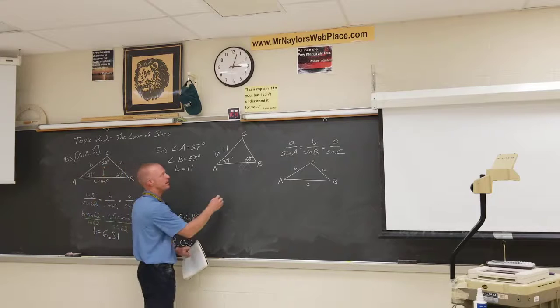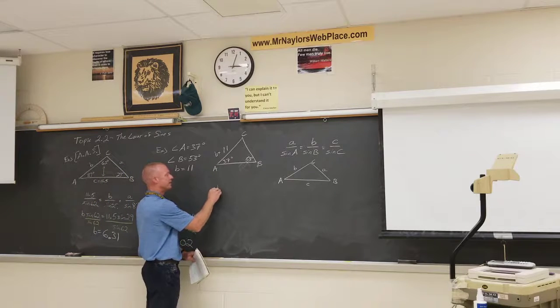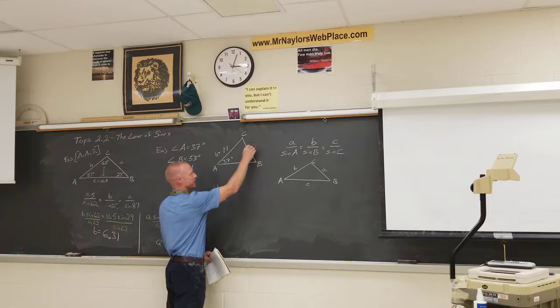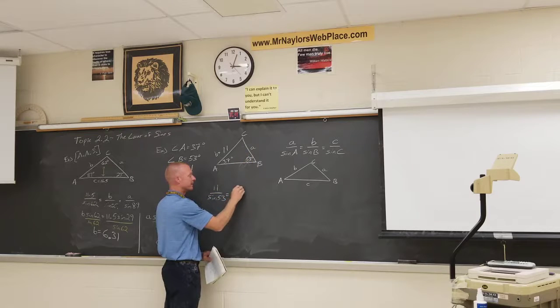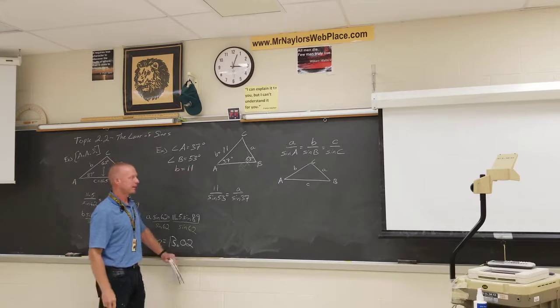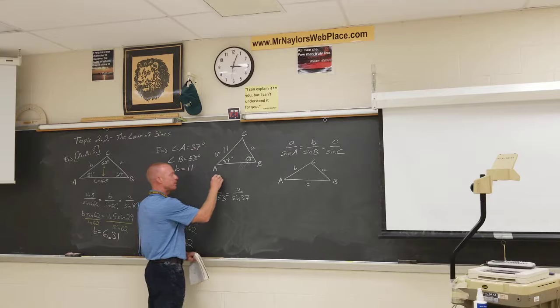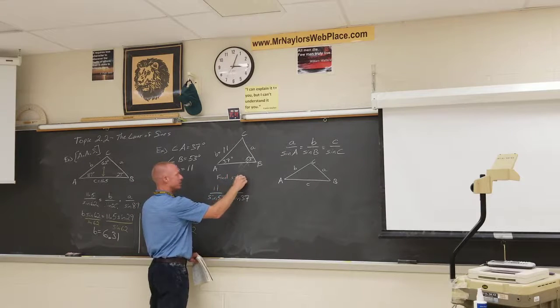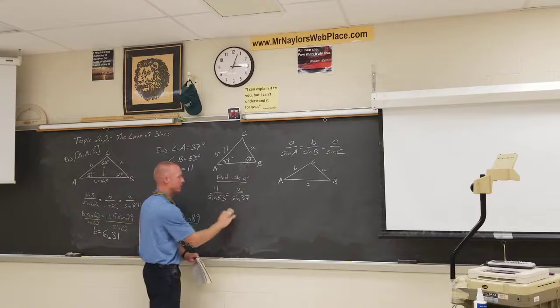A lot of times people start with the matching data, 11 and the sine of 53. The next thing that we have here is angle A, so we can say A is over the sine of 37. If you want, you could do the problem in 2 steps. So we have side A, in other words, just one nice little proportion.